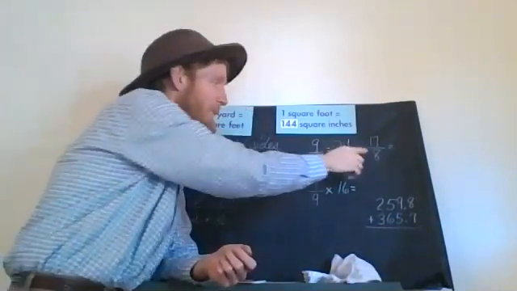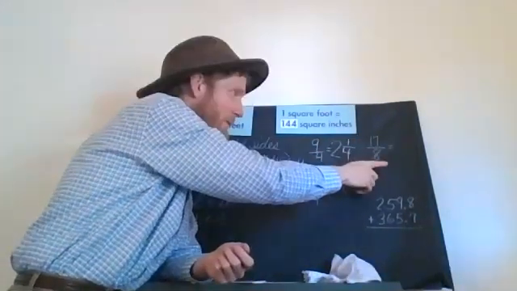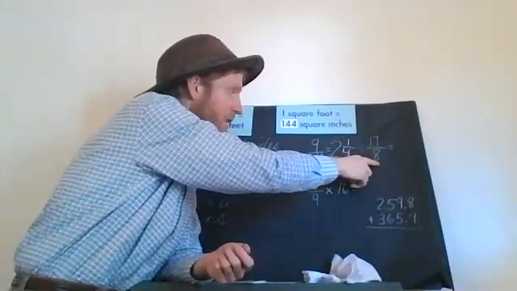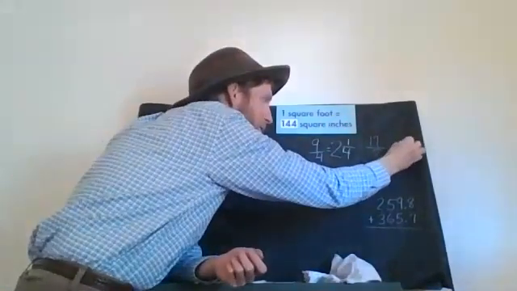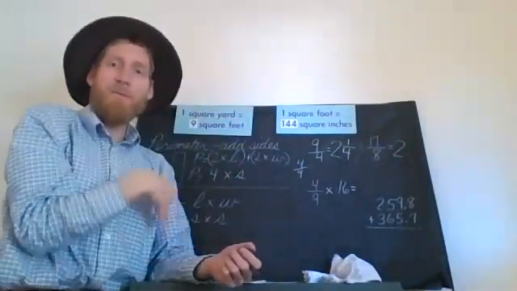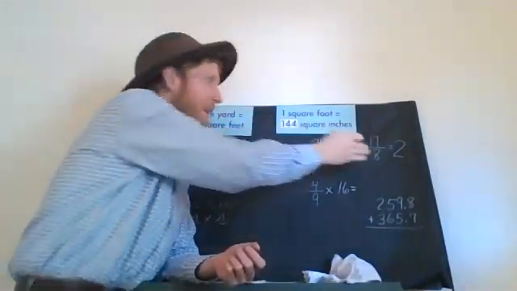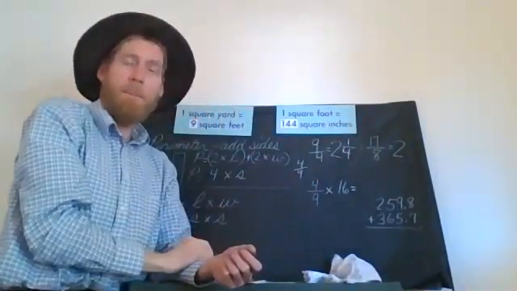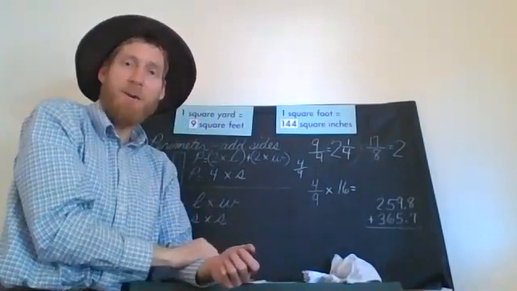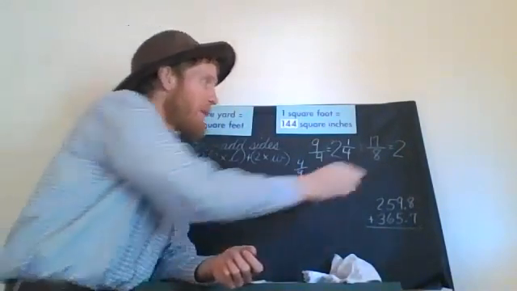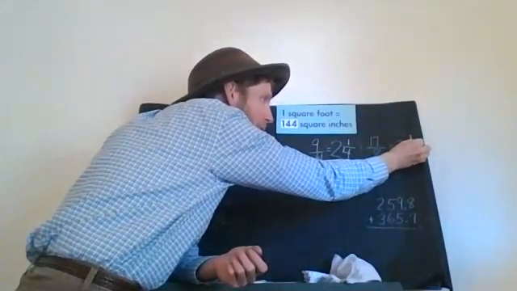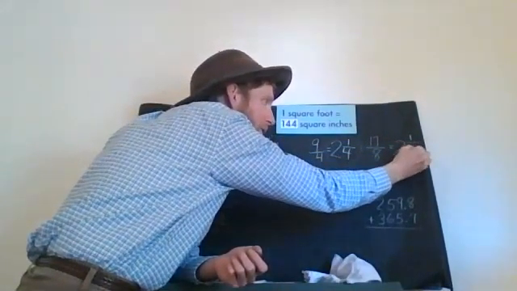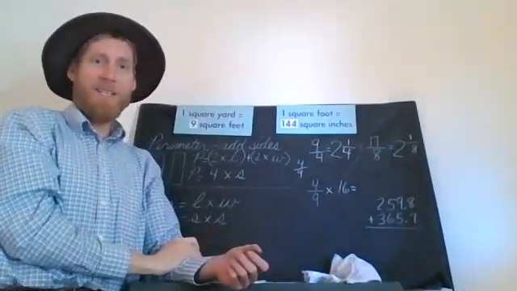17/8, remember, it's improper. Divide the denominator into the numerator. 8 goes into 17, again, 2 times. 2 times 8 would be 16, right? And then there's one more, so once again, 1 for the numerator and an 8 for the denominator.